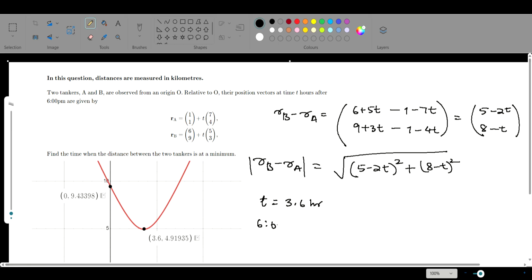From 6 p.m. plus 3.6 hours, we will reach 9 hours, 6 p.m. This is the time when the distance is the minimum, which is 4.91.